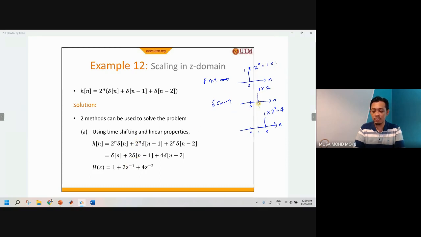Because we have only one sample here, multiplied by 2 to the power of 1. And then the last one is why we get this 4. And this line is this signal plus this signal, so you need to plus and then plus.